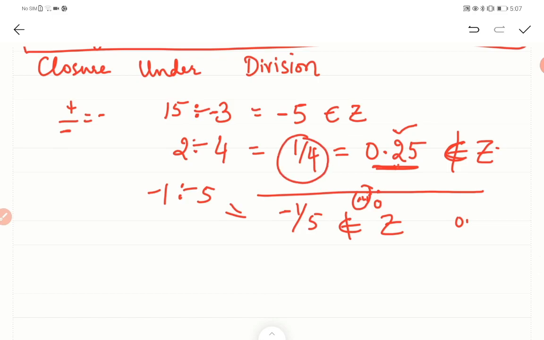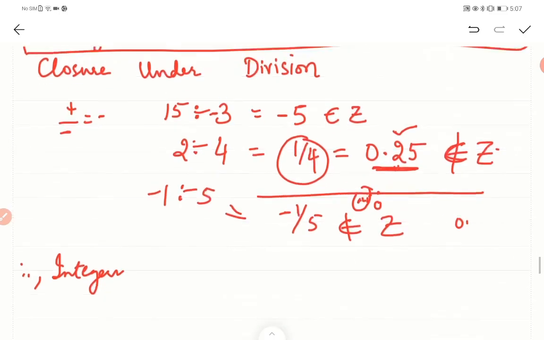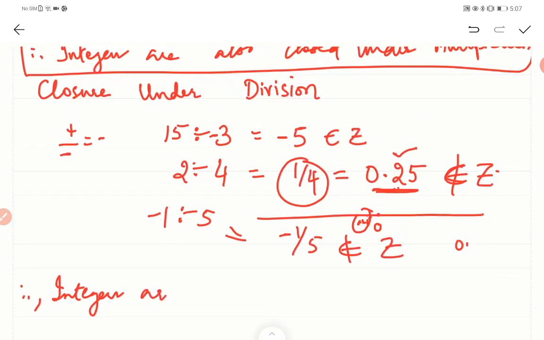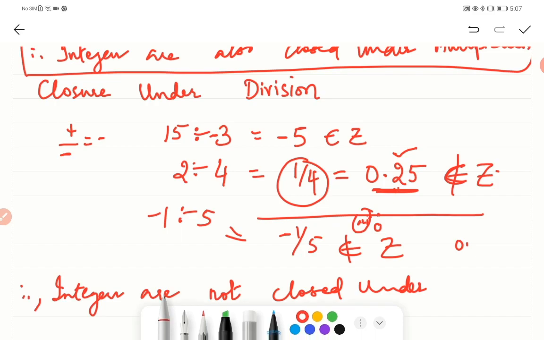So what do you infer? Therefore, integers are not closed under division.